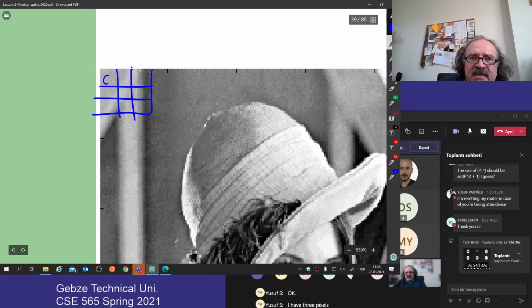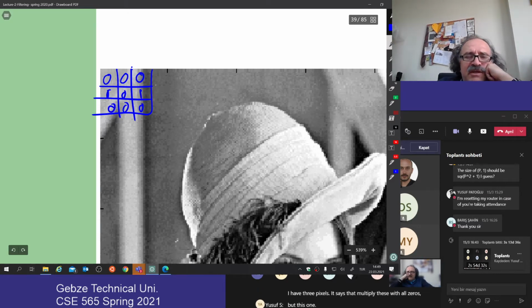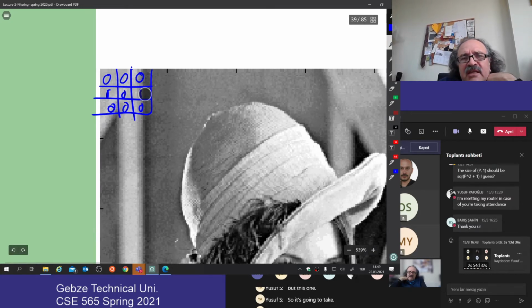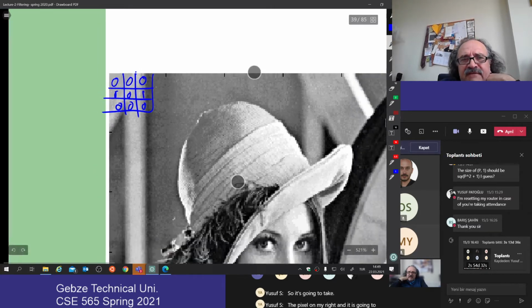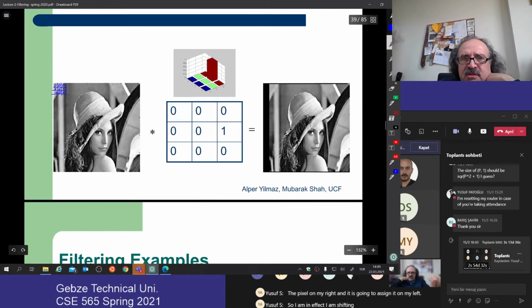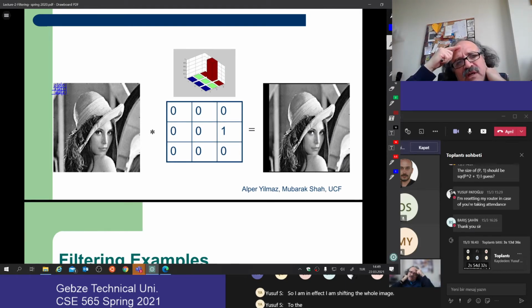It says that multiply these with all zeros, but this one. So it's going to take the pixel on my right, and it is going to assign it on my left. So I am shifting the whole image to the left.